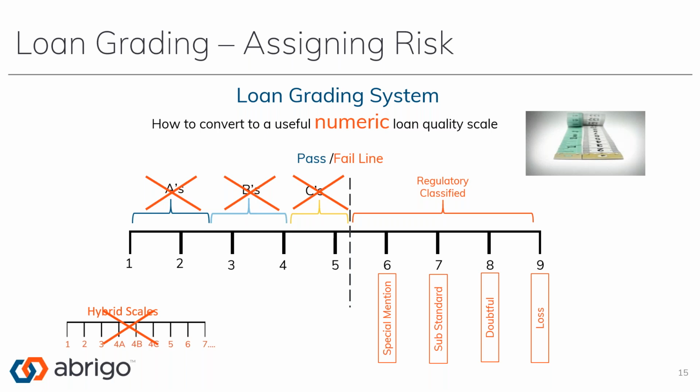We're hoping to figure out: is this loan going to recover and we're going to move it to a 3 or a 4, or is this loan going to continue to erode and we're going to move it to a 6, 7, or an 8 down the line.